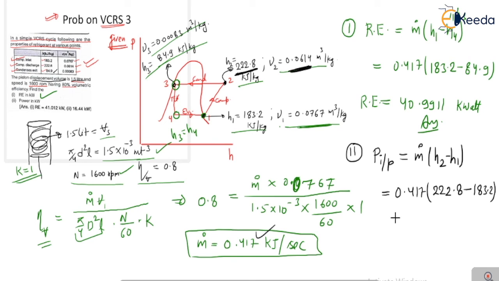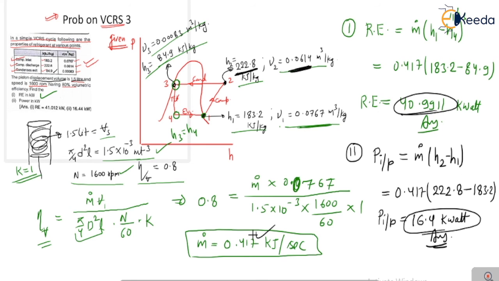By solving this equation we get our power input value, which is 16.4 kilowatt. So this is our second answer. By this way we have to solve our question. This is our first answer and this is our second answer.